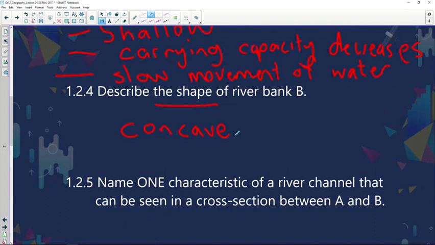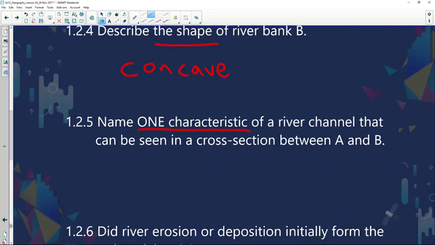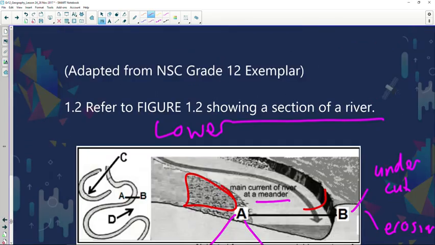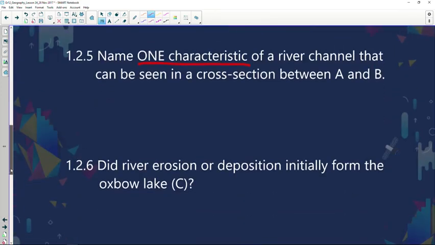Now 1.2.5, name one characteristic of a river channel that can be seen in the cross section between A and B. First of all, if you look at the characteristic between A and B, we can see that the river is very wide. The width of the river, that's correct, you can mention that, that's definitely a characteristic.